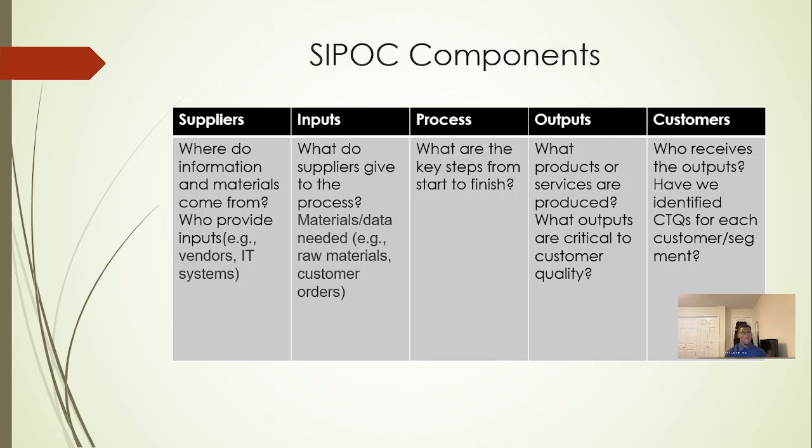Regarding the process, we have key steps, and the limit is a maximum of 5. For example, brew, pack, serve. For the outputs, the final product or service is given, for example a cup of coffee.